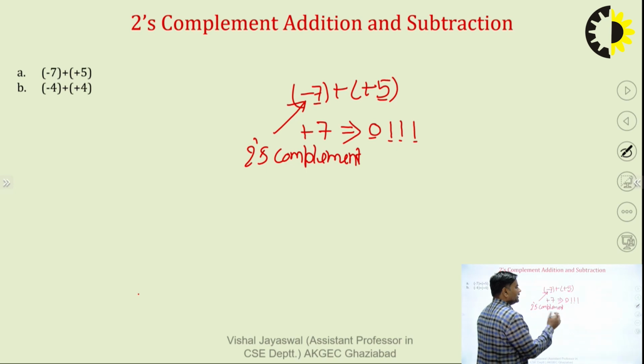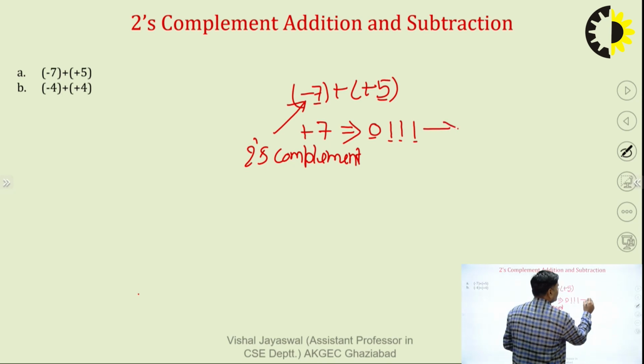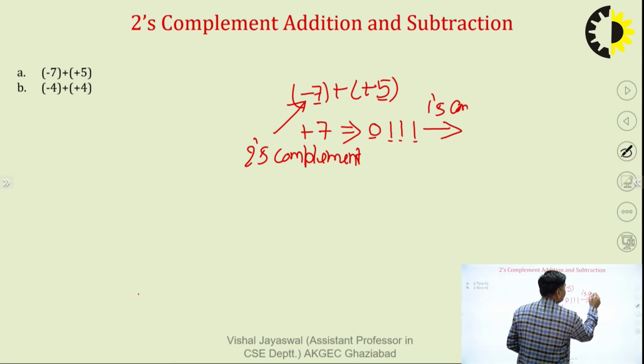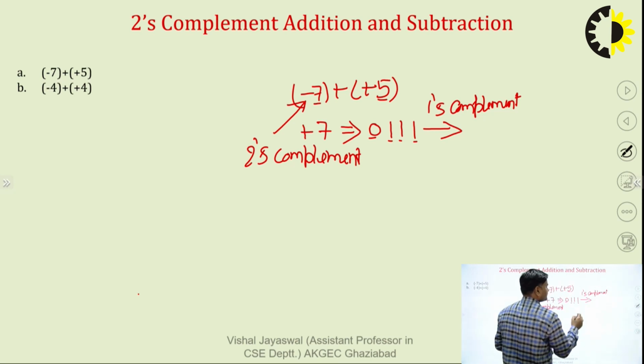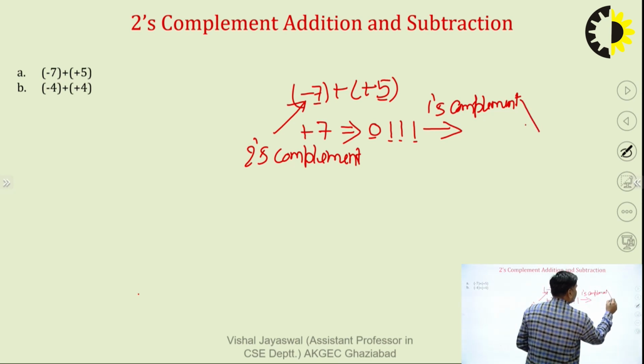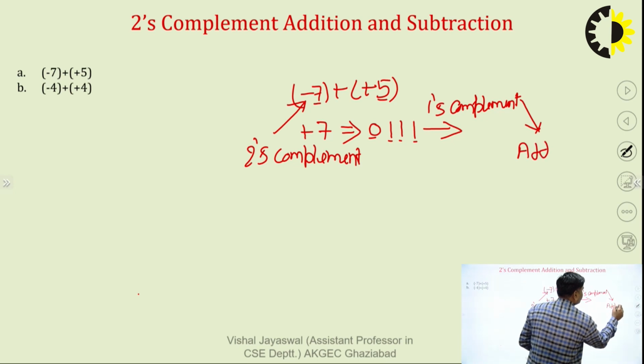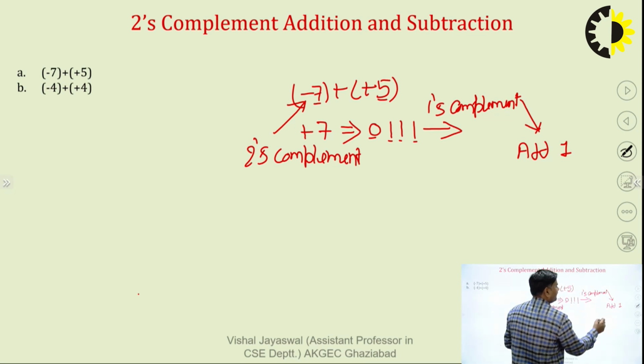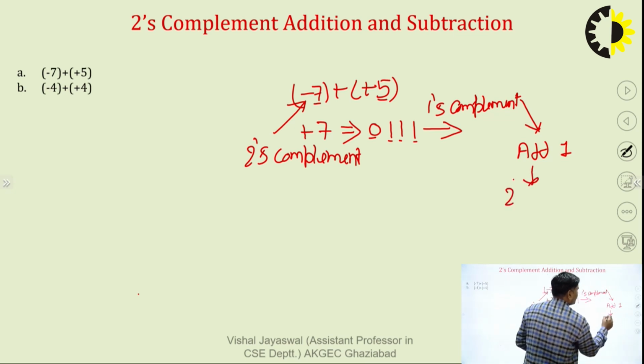If you want to take the 2's complement form of this binary number, there is a method. First we take the 1's complement, then we add plus 1, add 1, then we get the 2's complement form.